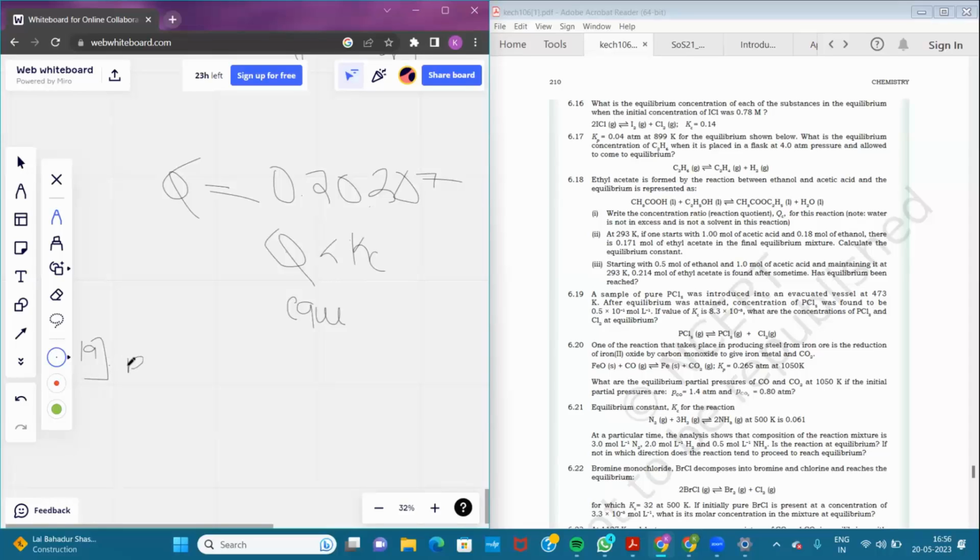Here, the equilibrium concentration of PCl5 is given. We need to find the equilibrium concentrations of PCl3 and Cl2. No need to worry, because the concentrations of PCl3 and Cl2 will be the same.